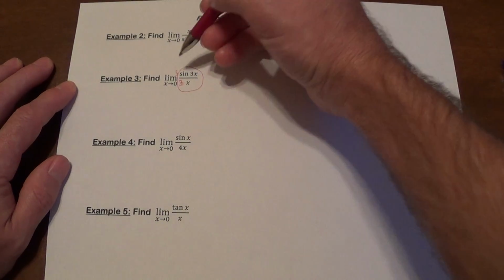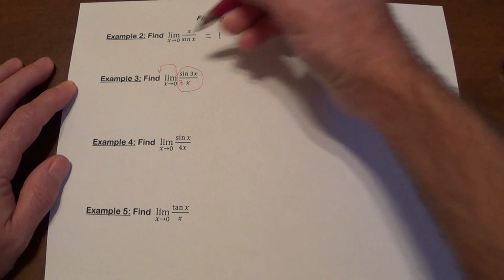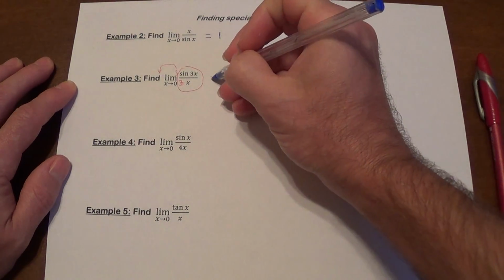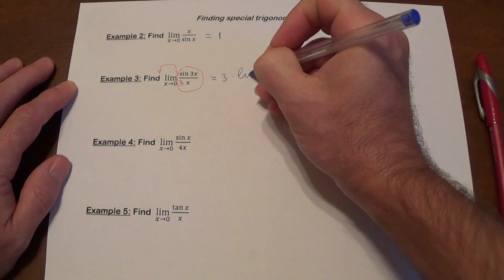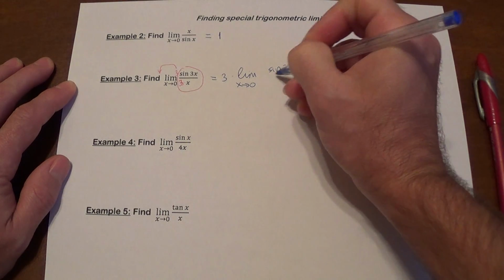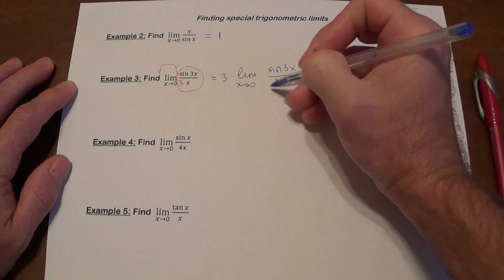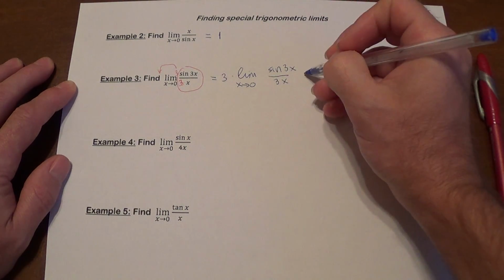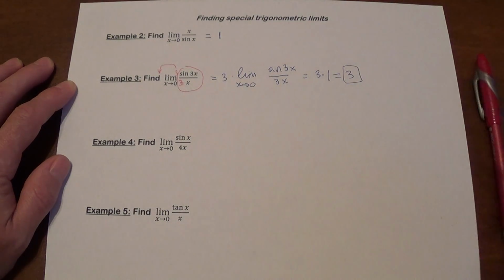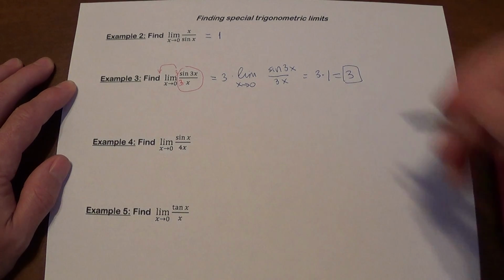This 3 can be brought outside of the limit since it's a constant. What we have is 3 times the limit as x approaches 0 of sine 3x over 3x. With that being in agreement, that's 1, 3 times 1, and the answer is 3.